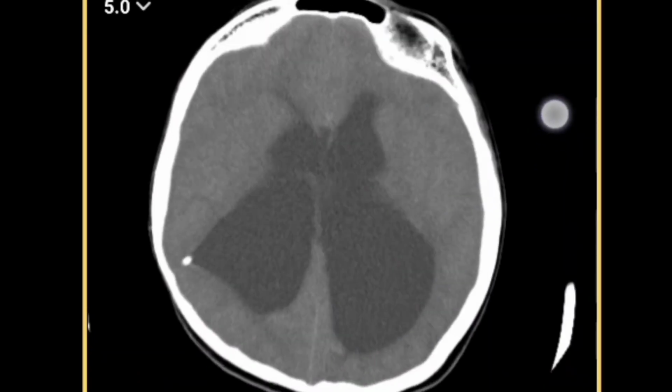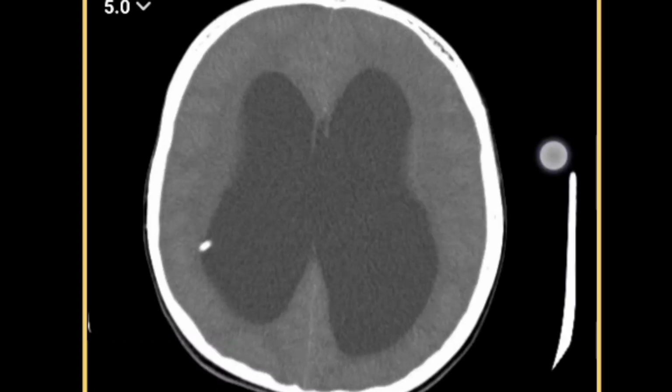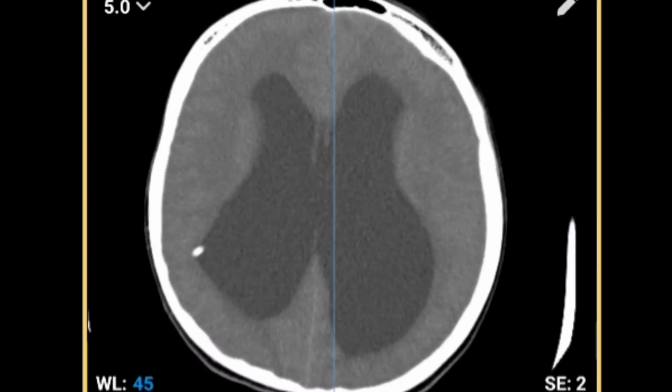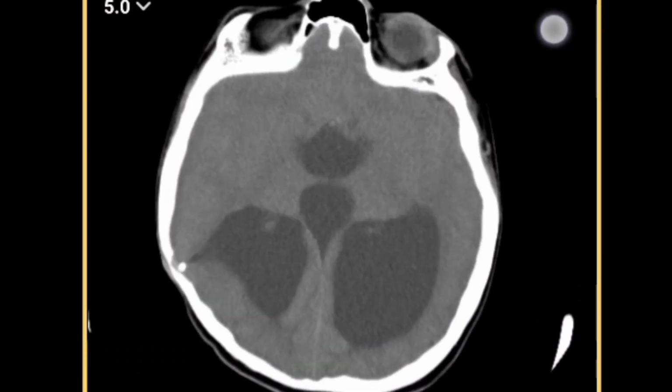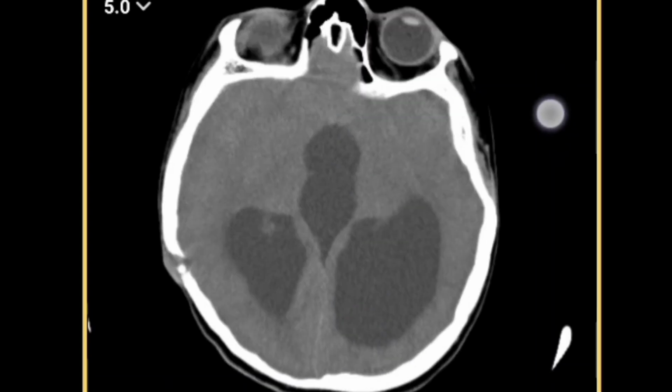So that means there is no chance of Huntington disease, and there is no atrophy of the caudate nucleus. If we go down, you will be able to see that the third ventricle is also enlarged, and markedly enlarged posterior horns of the lateral ventricles.